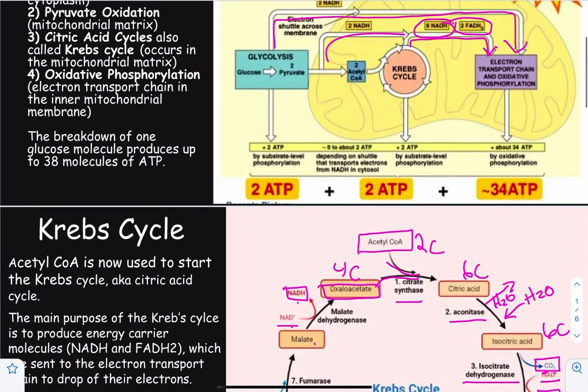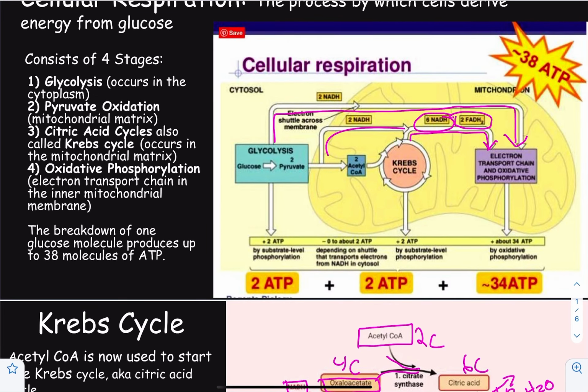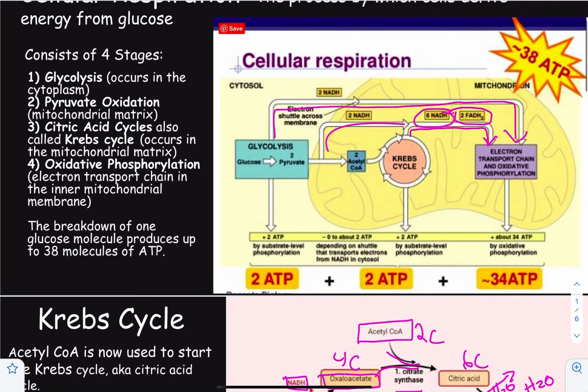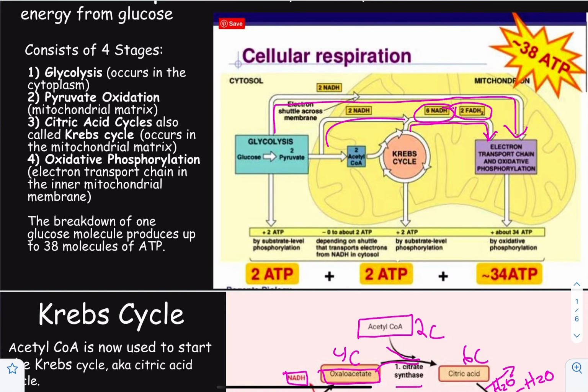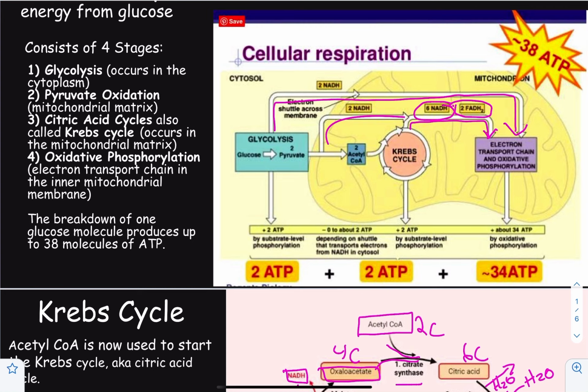Notice that we get ATP from everything except pyruvate oxidation, the second stage. The Krebs cycle gives us the most NADH, because that's its purpose, to give us NADH and FADH2. And the purpose of the electron transport chain is to give us the most ATP with the help of the energy carriers, NADH and FADH2.